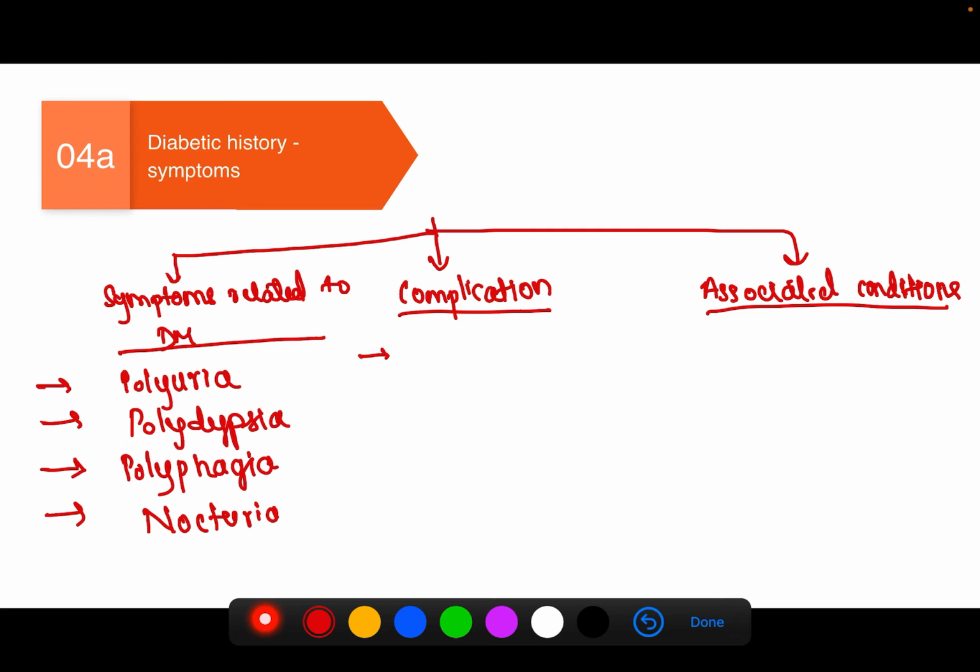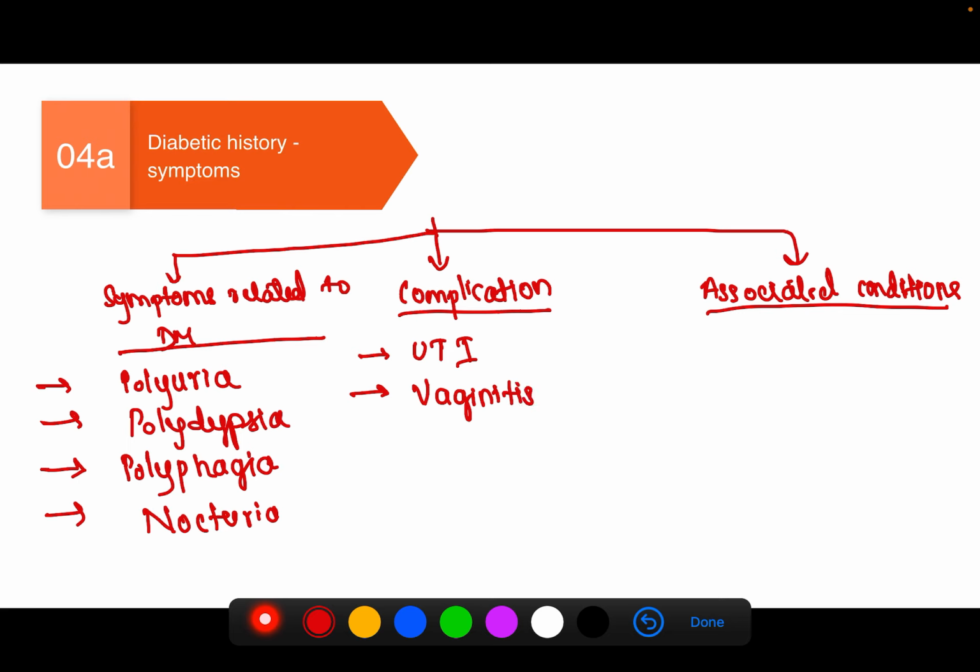Then complications. If there are high sugar levels, the patient might have a urinary tract infection. So if there is any burning micturition, you should ask about such symptoms. Then in females, uncontrolled diabetes might cause vaginitis. So you should ask if they have any burning sensation, itching, or any infection in the vagina.